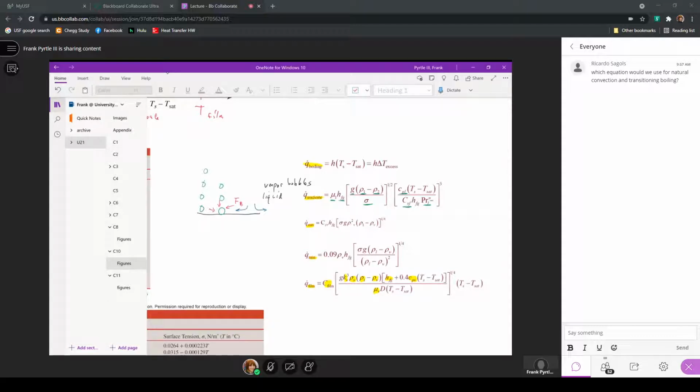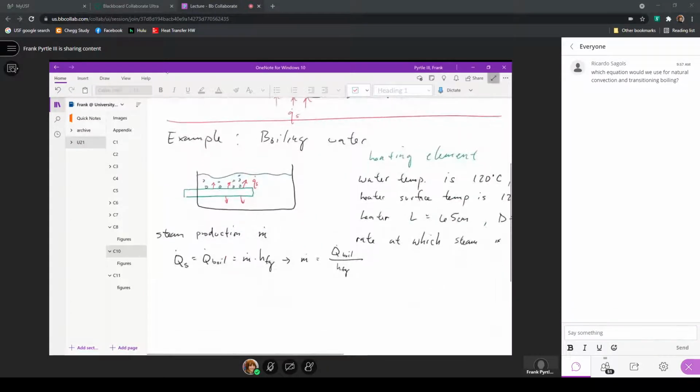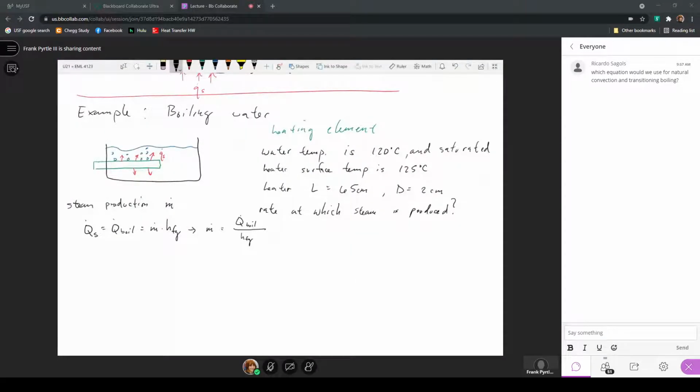So we'd have to consider the use of the heat flux correlation for nucleate boiling. And this is actually named the Rohsenow correlation. But again, it's just an empirical expression that describes pool boiling when it's in the nucleate regime.